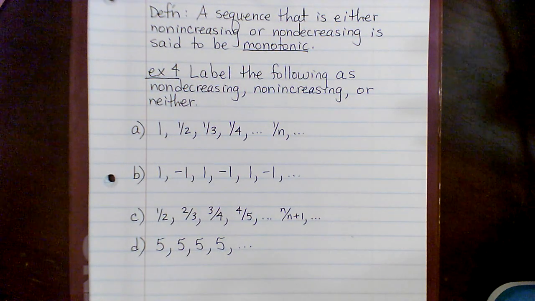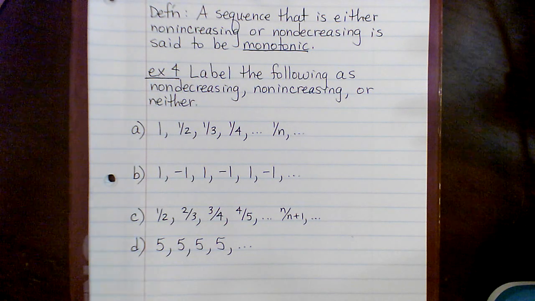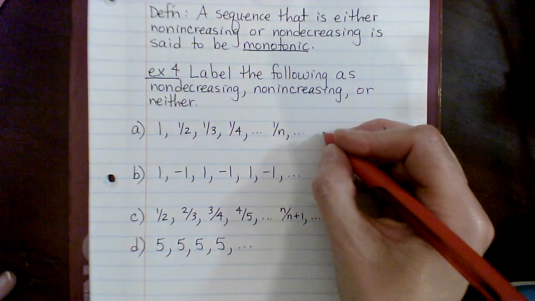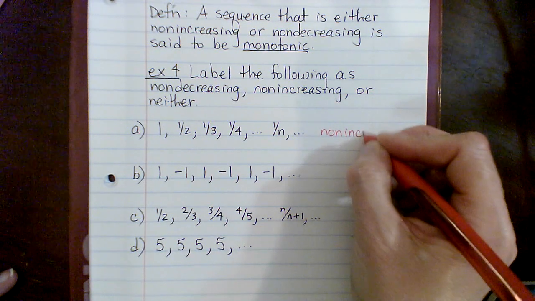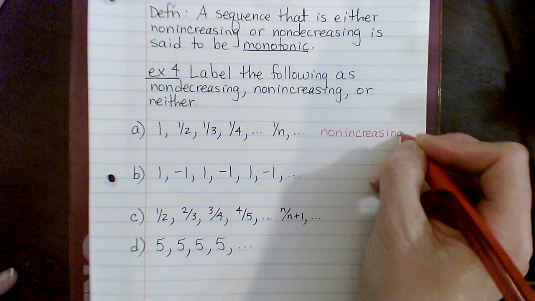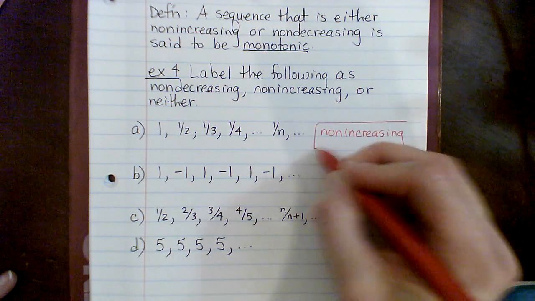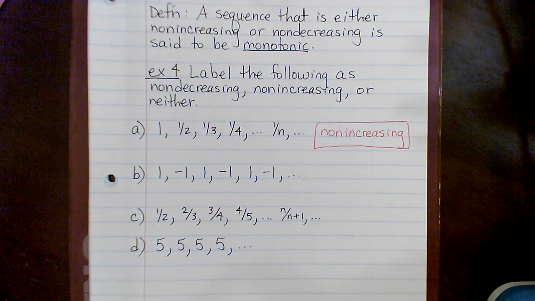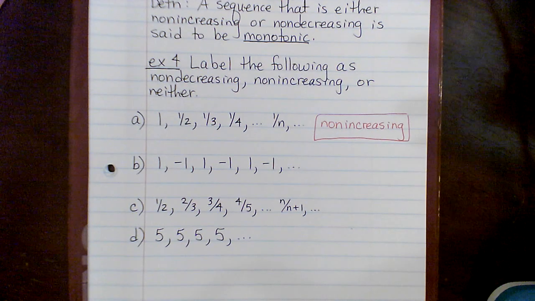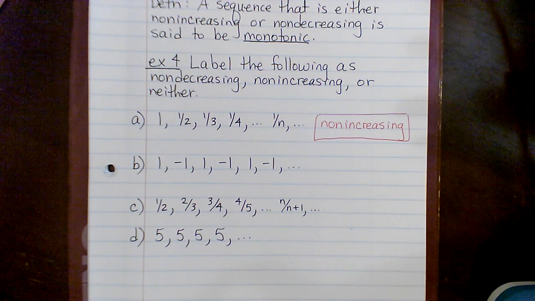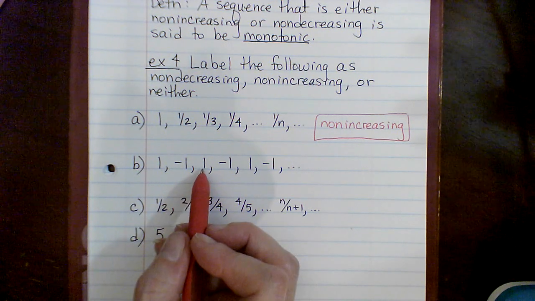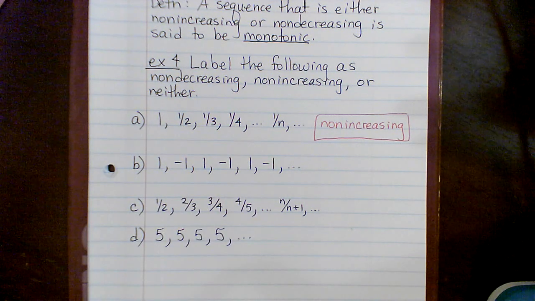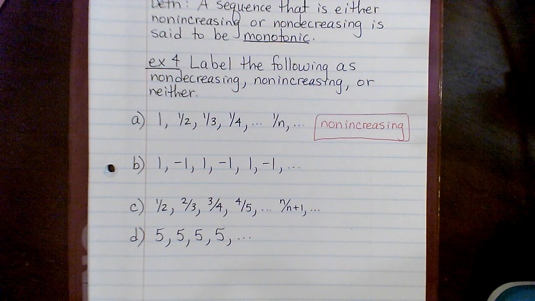So because they are decreasing the whole time, we say that this is a non-increasing sequence. What about the alternating sequence of 1, negative 1, 1, negative 1? Well, this one gets smaller and then gets bigger and then gets smaller and then gets bigger. It's not strictly decreasing, strictly increasing, or constant. This one is a neither.